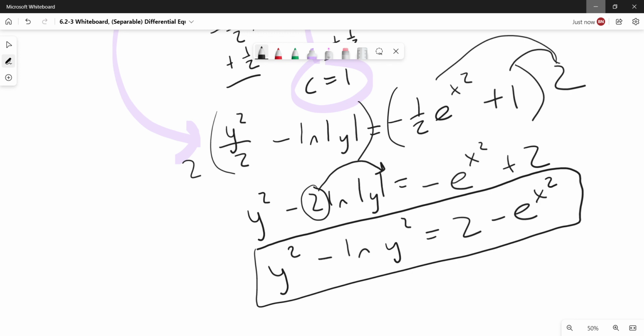They want you to find the orthogonal trajectory, the curves that are orthogonal to that graph, which means perpendicular, right? Remember, perpendicular lines have negative reciprocal slopes. So that means you need to find the formula for the derivative of the tangent lines to the original. So you need to find dy/dx.